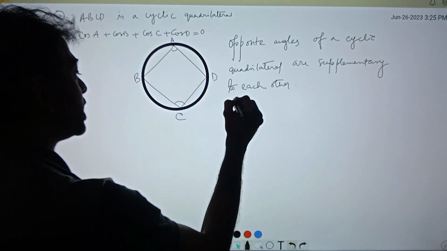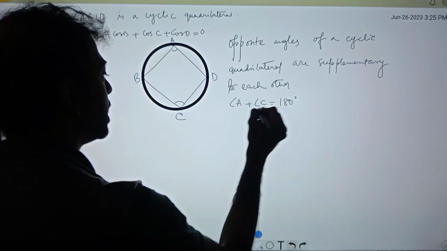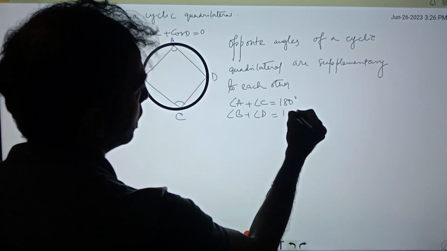So you may write angle A plus angle C equals 180 degree, and angle B plus angle D will also be 180 degree.